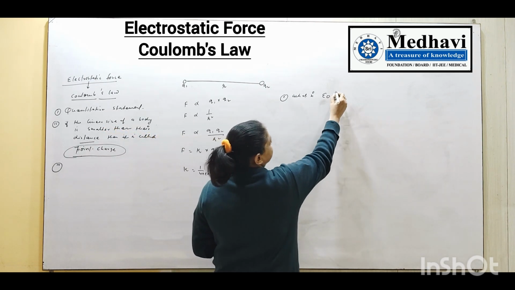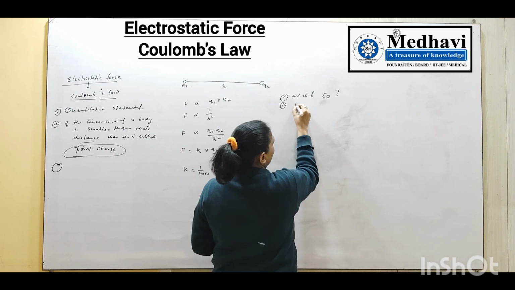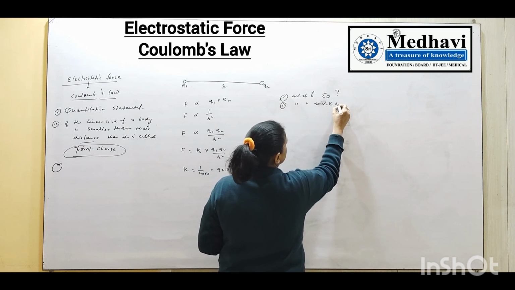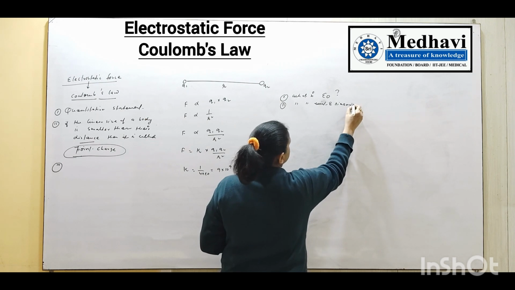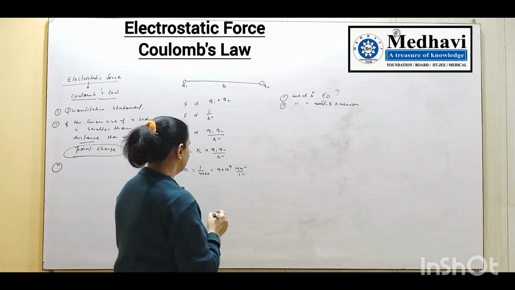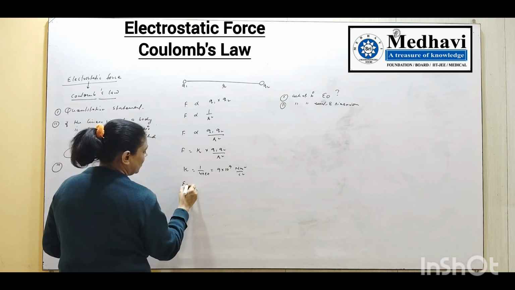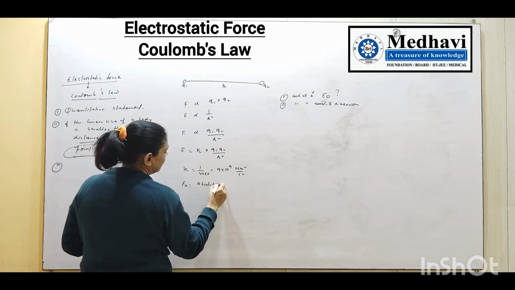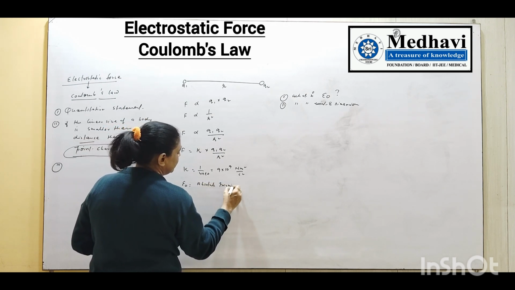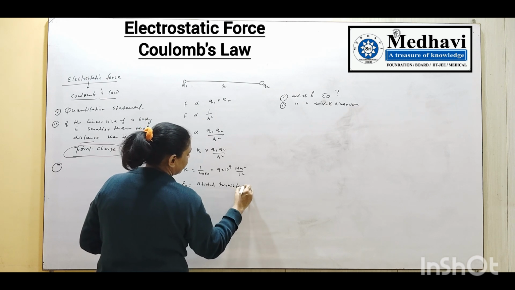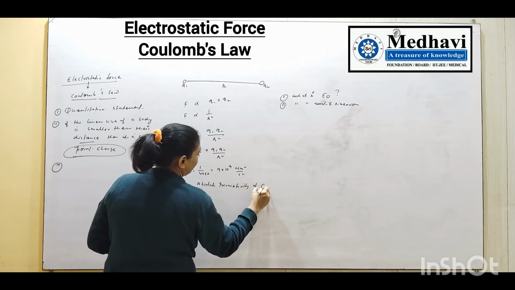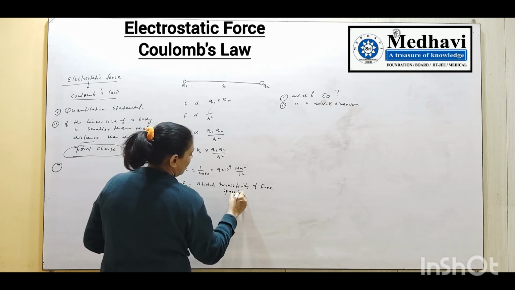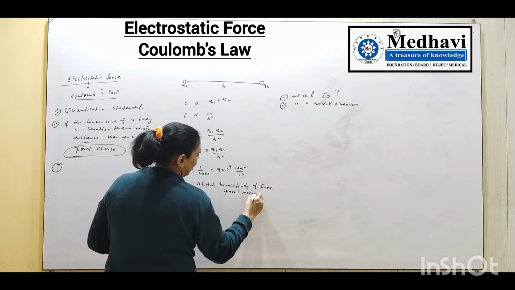Very important. Second, what is its unit and dimension? So here epsilon naught is called absolute permittivity of free space. It is free space, or you can say that vacuum.